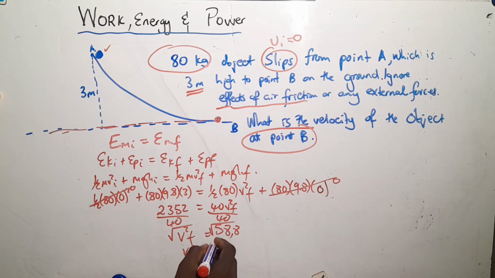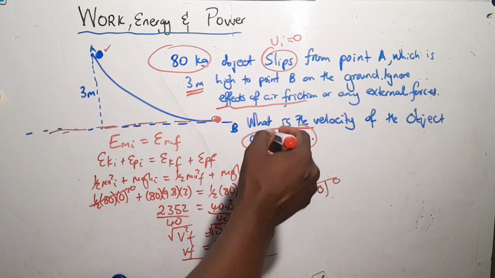So v final can become 7.67 meters per second. This is our final velocity at point B. So the velocity at that point is 7.67. This is how we used to calculate energies, velocities, and also the height of buildings when you are having an isolated system.